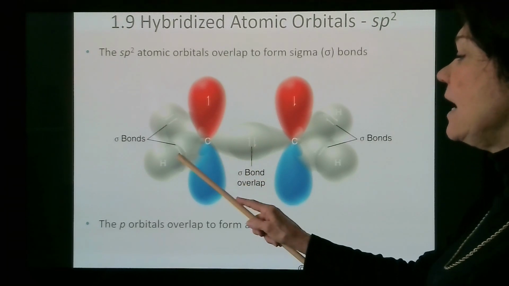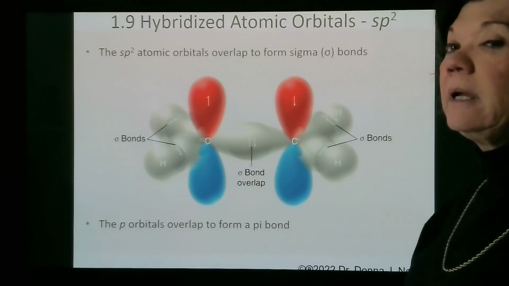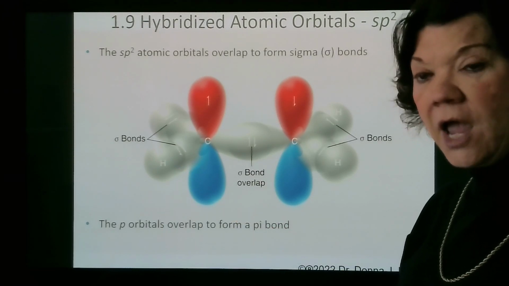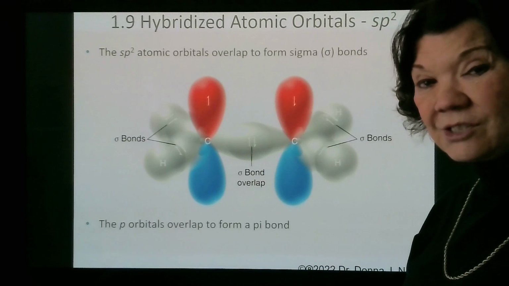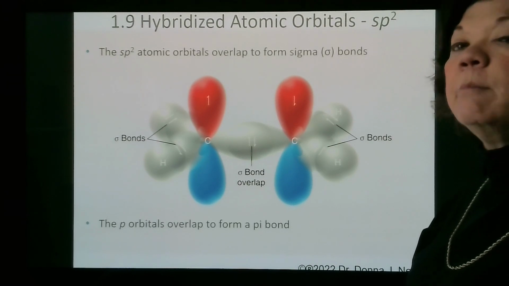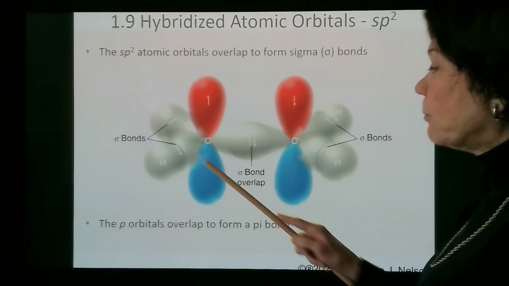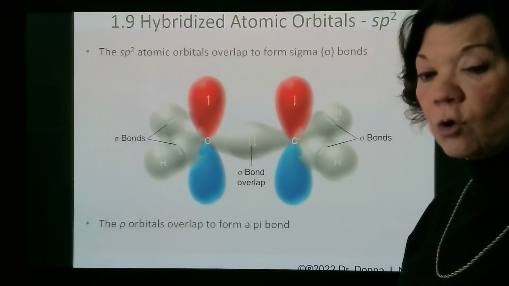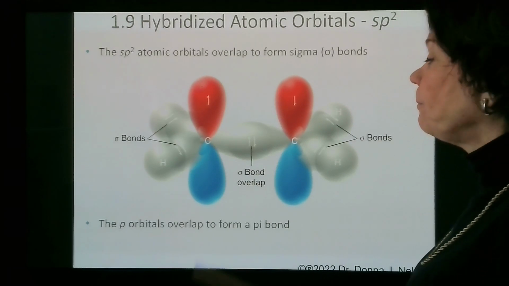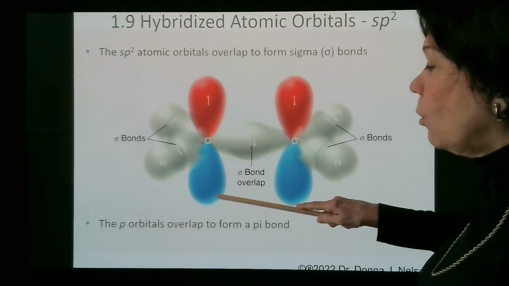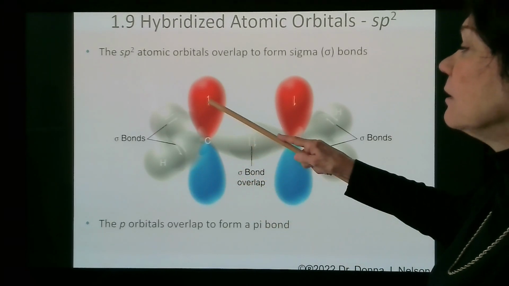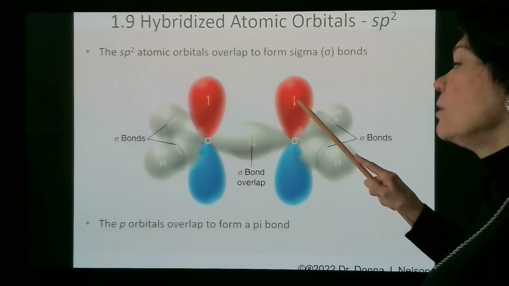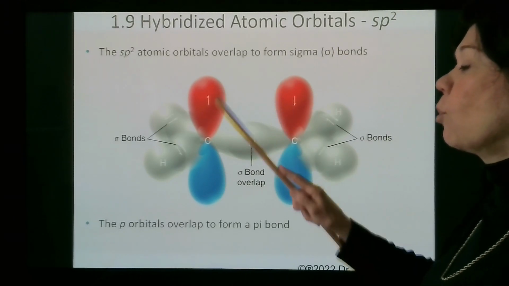So this is an atomic orbital representation or approximation for a molecular orbital. This is representing a molecular orbital, but it's doing it using atomic orbitals. And that's good in this case because it's showing where the electrons come from and how the molecular orbitals form.